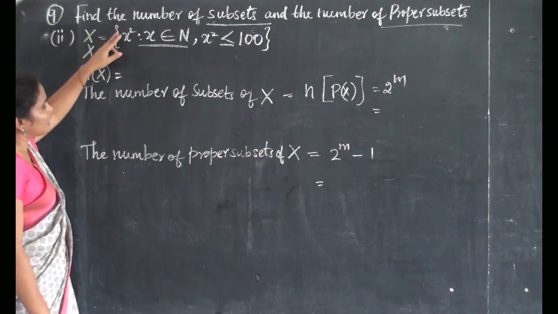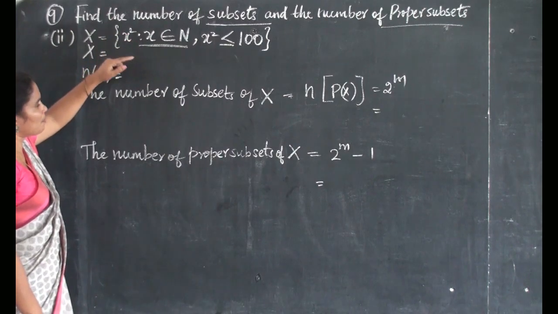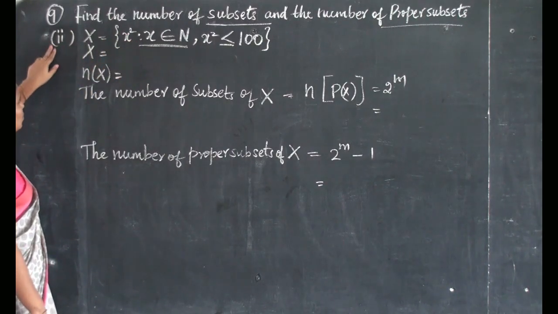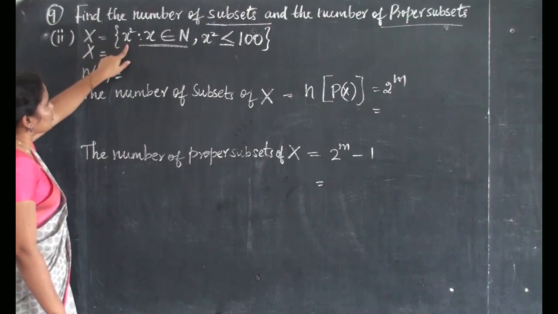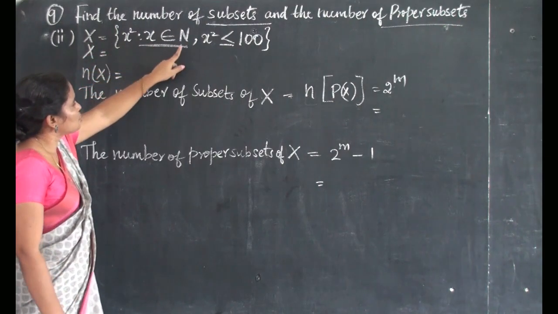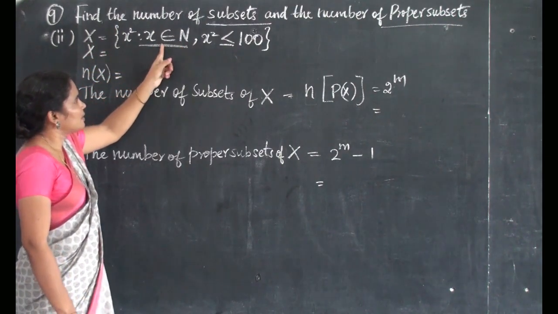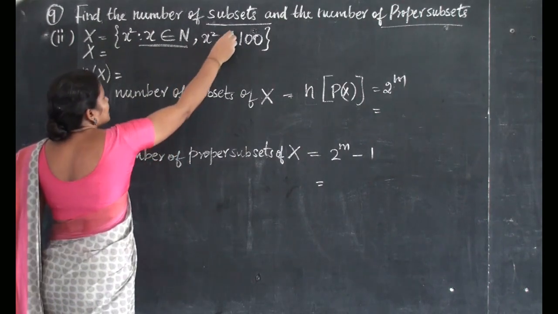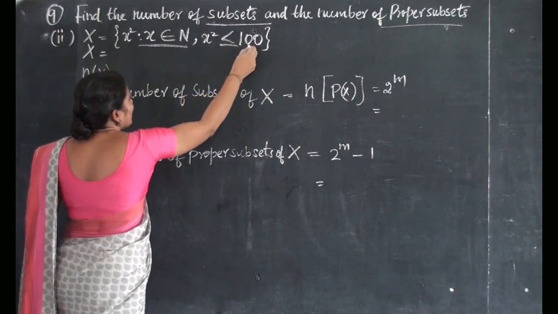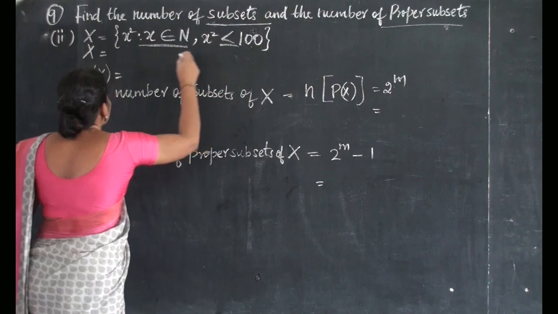Question number 9. Find the number of subsets and number of proper subsets. The sub-question 2. X is equal to {x square}, x belongs to N, that is natural number, and again, x square is less than or equal to 100. So what are the elements present in X?